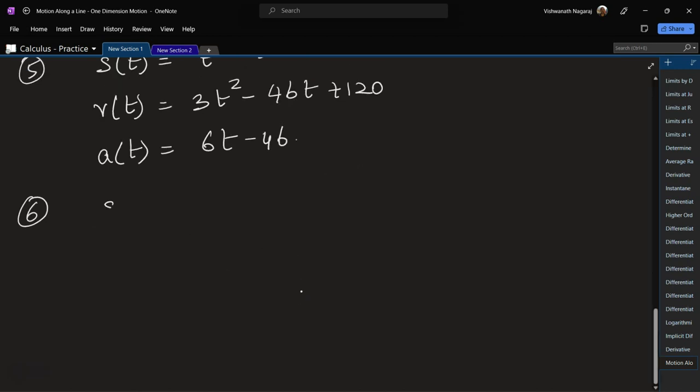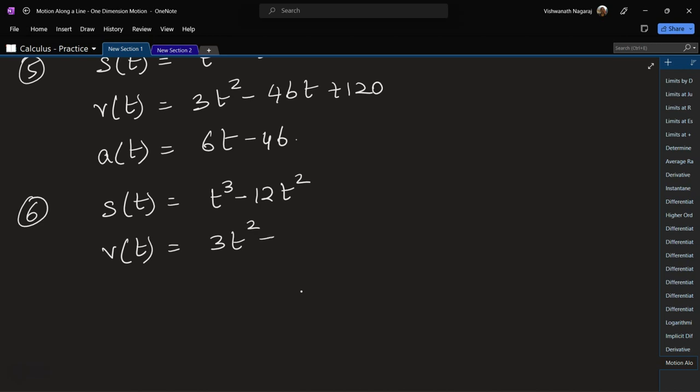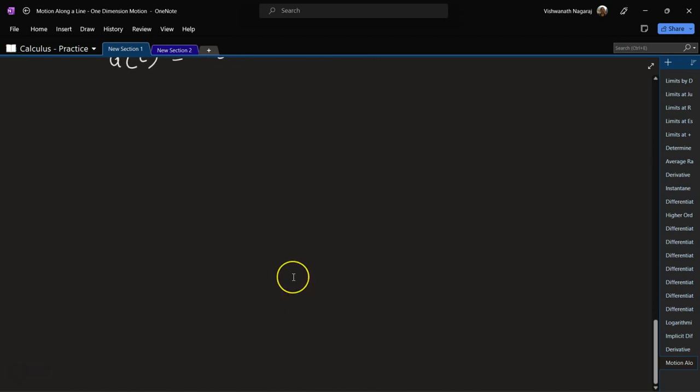Sixth one, s of t is given as t cube minus 12t square. So v of t would be 3t square minus 24t, and a of t is going to be 6t minus 24. So this is one series of questions.